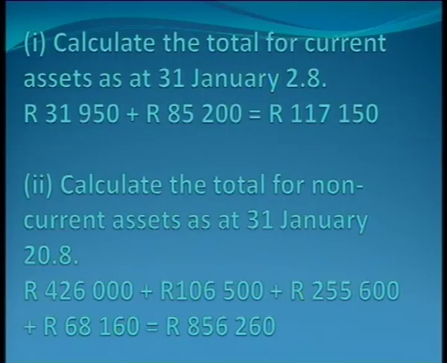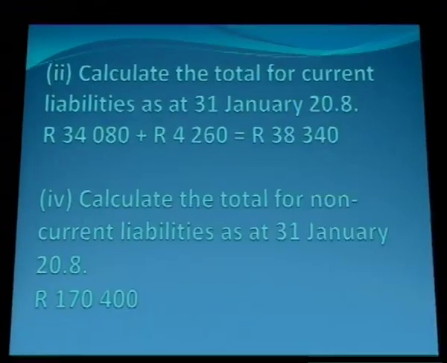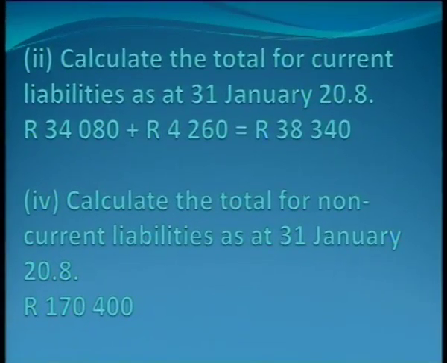So that is your non-current assets. The amount for your current liabilities is 34,080 plus 4,260, which gives you a total amount for your current liabilities of 38,340. The non-current liabilities is only 170,400.